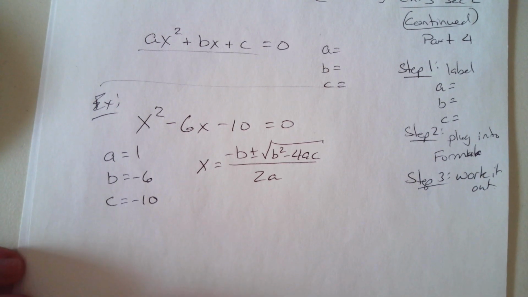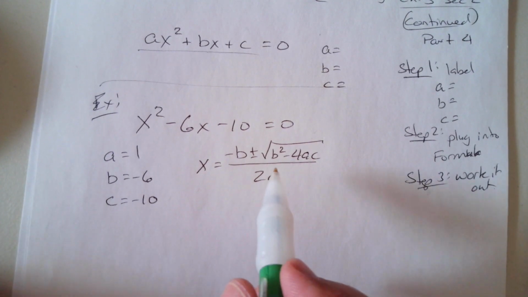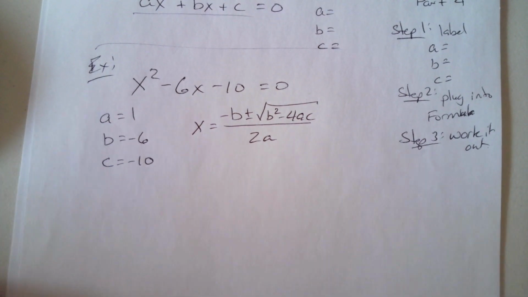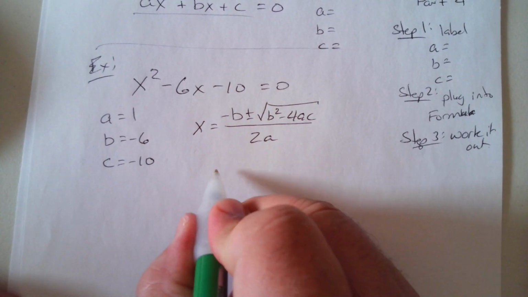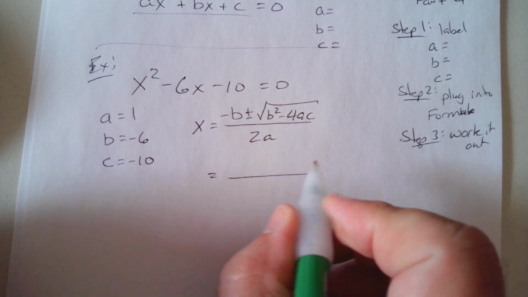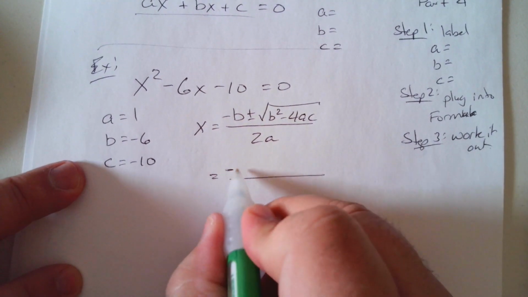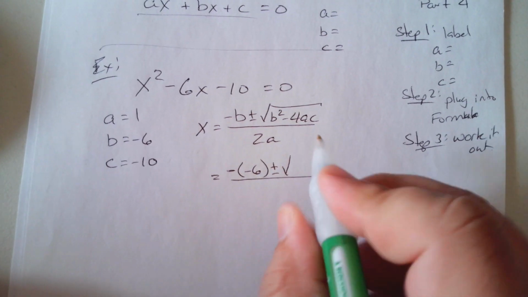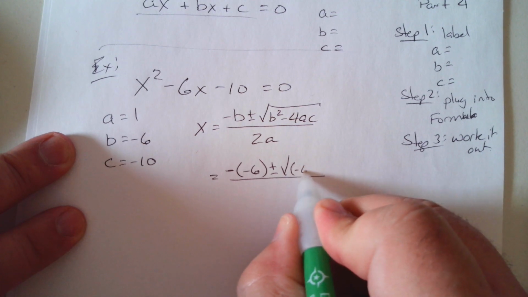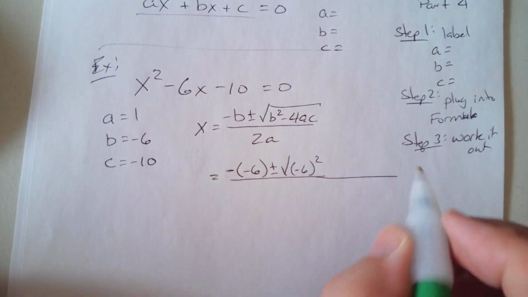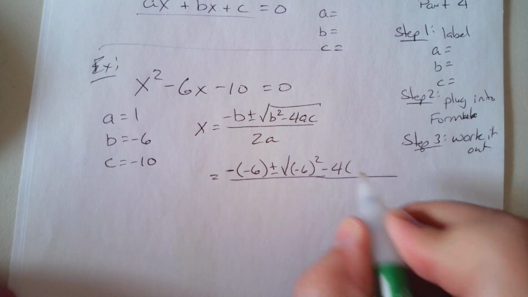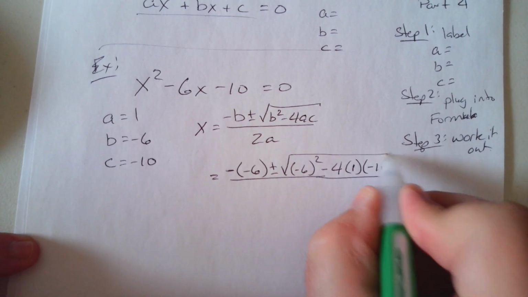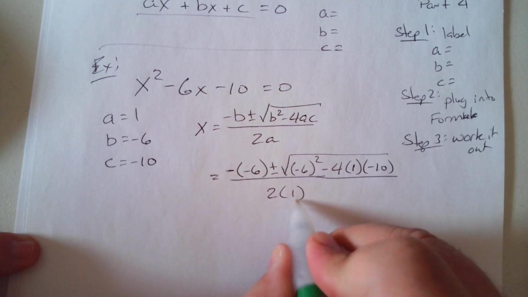It's always safe to keep writing the formula as the first step of each question. I don't care if it's 20 questions, I do it all the time so it stays fresh in your head. Now just plug them in there. Negative, what's b? It's negative 6. B squared, so negative 6 squared, minus 4 times a times c, which is negative 10, over 2 times 1.